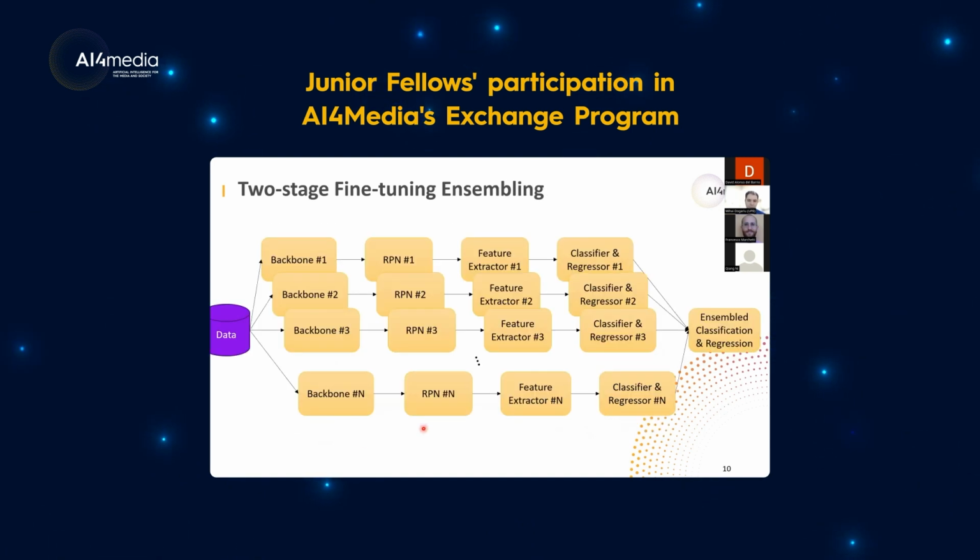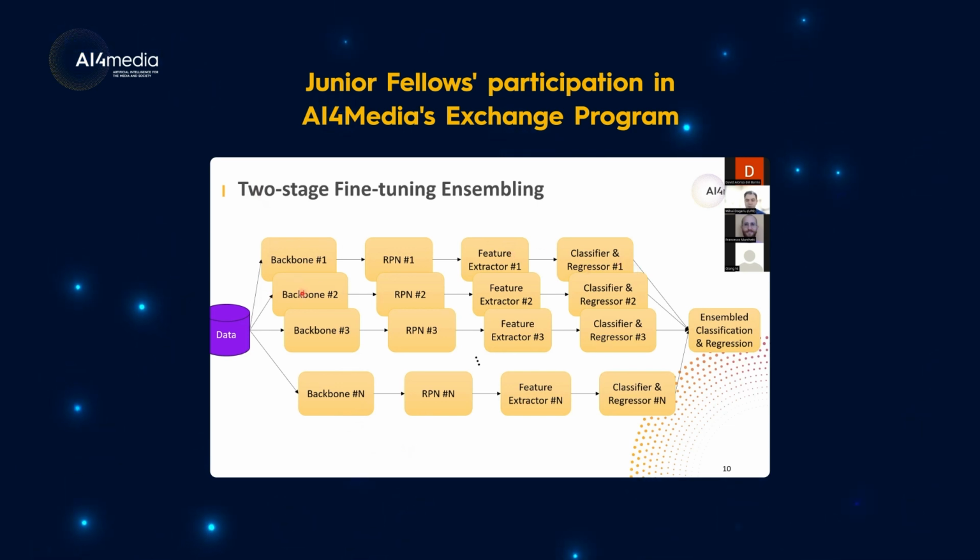Now, starting from this scenario, we wanted to also introduce ensembling, meaning that instead of having only one system perform all this pipeline, we put in parallel N such systems, capital N. So here we have a normal object detector where we have the backbone, the region proposal network, the feature extractor, and then the classifier and the regressor.